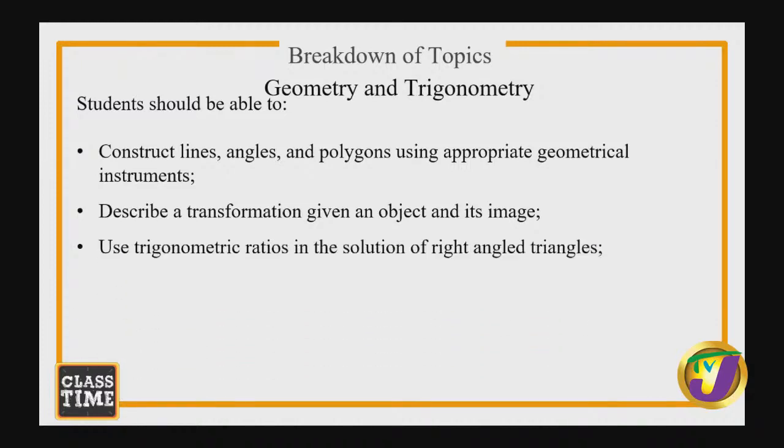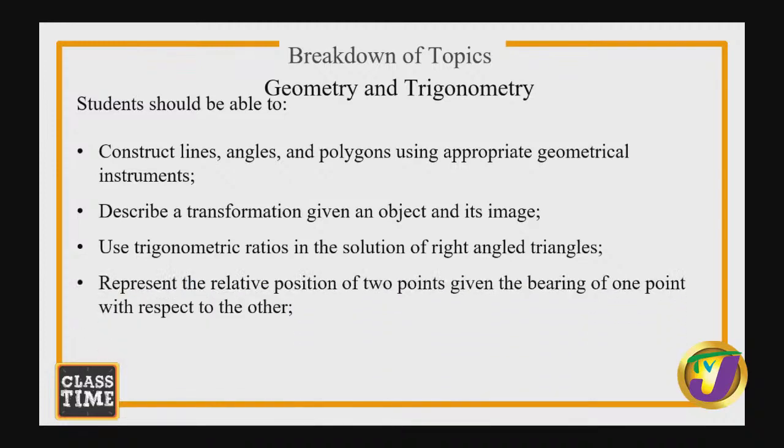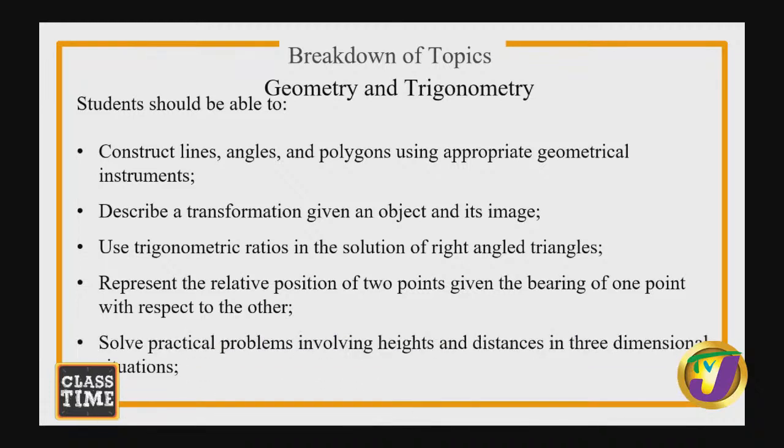We are going to be using trigonometric ratios in the solution of right-angled triangles. And represent the relevant position of two points given the bearing of one point with respect to the other. Last, solve practical problems involving heights and distances in three-dimensional situations.